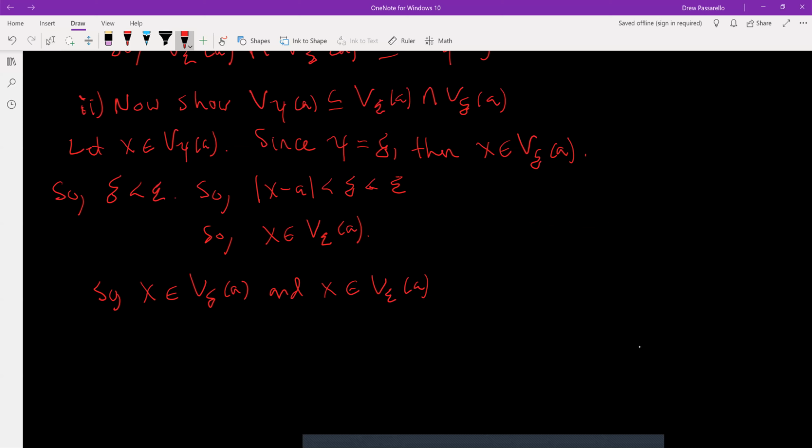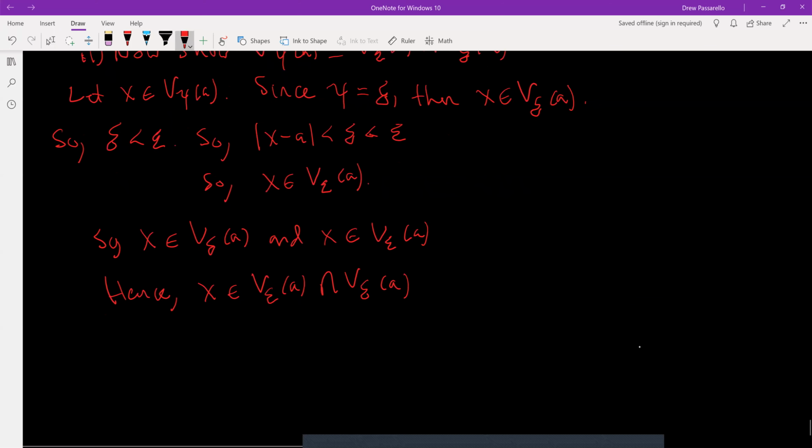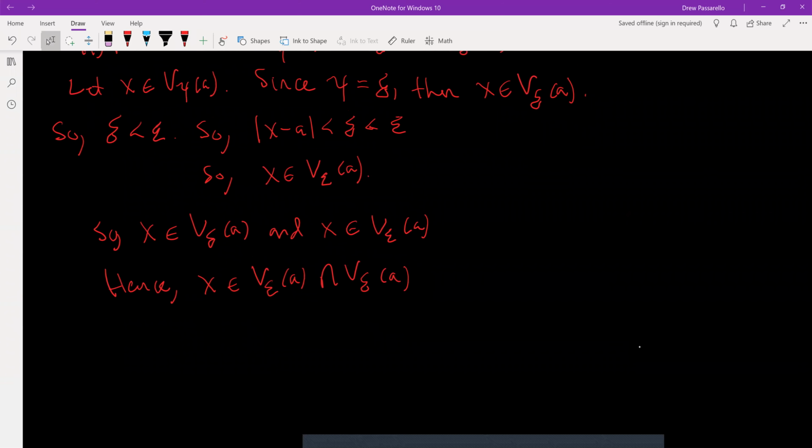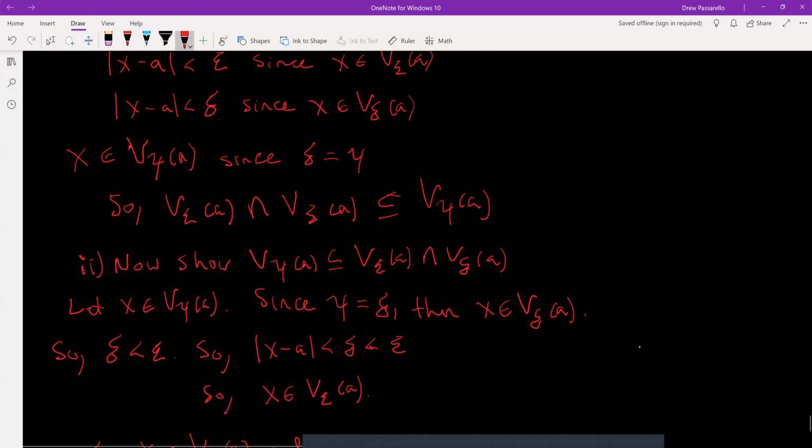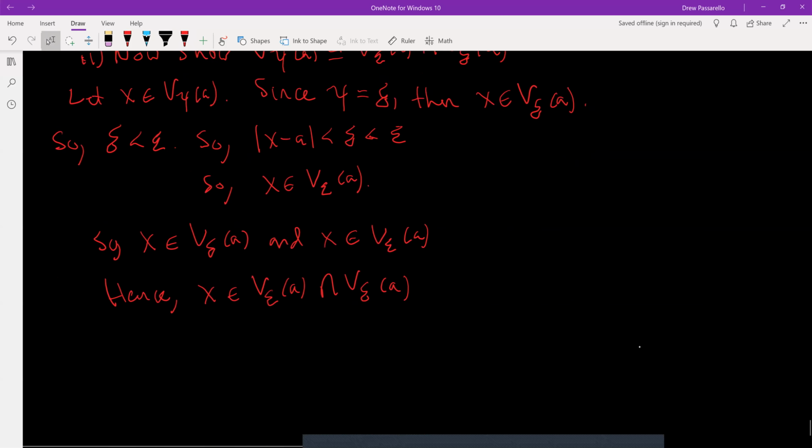By definition of intersection, x is in the intersection. We started with x being in the gamma neighborhood and ended up with x in the intersection of the epsilon and delta neighborhoods. So therefore, we've shown the containment in the other direction: the gamma neighborhood is contained in the intersection.